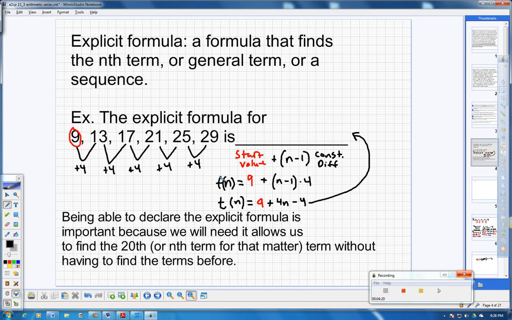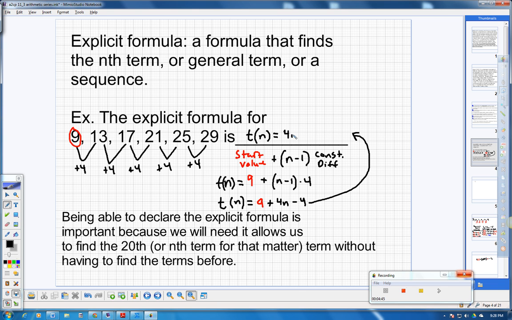Now, I call this the linear function, because if we wanted to graph a line of the data that this sequence 9, 13, 17, 21, 25, 29 was spitting out, we can graph that as a line. And I really like this because you can write it in slope-intercept form.